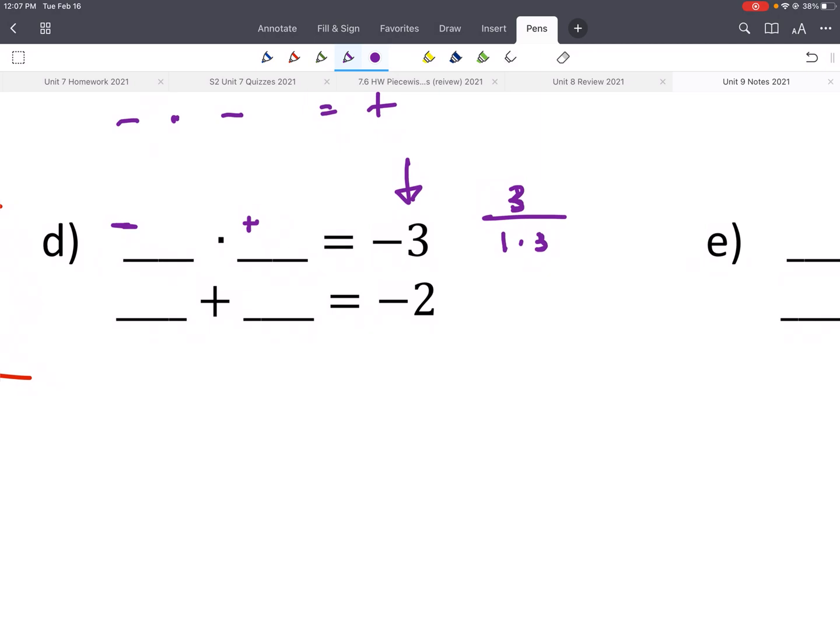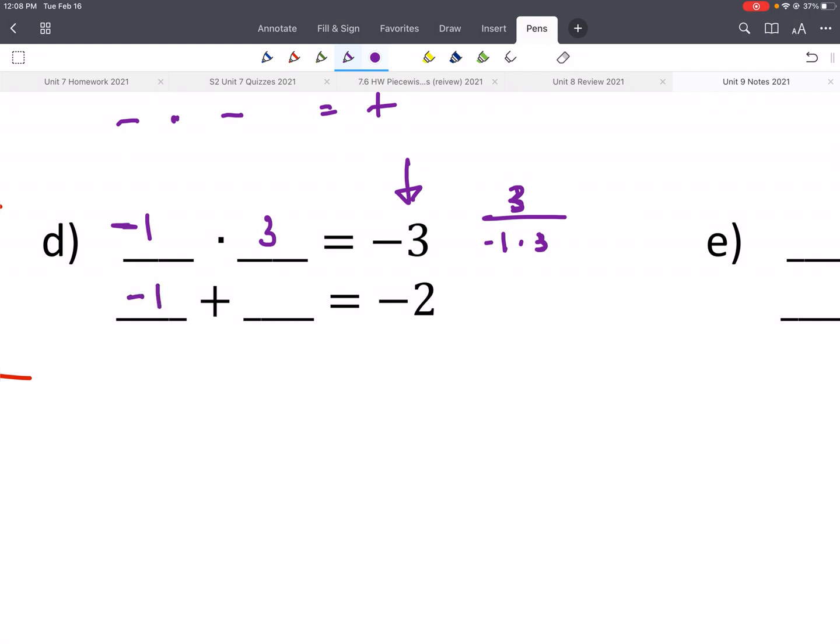Okay, so you could just kind of guess. We could say, well, what if we did negative 1 multiplied by 3? Okay, so negative 1 times 3. That does give us negative 3.